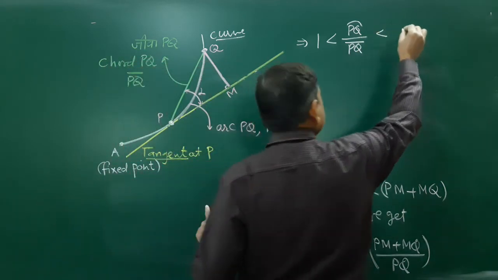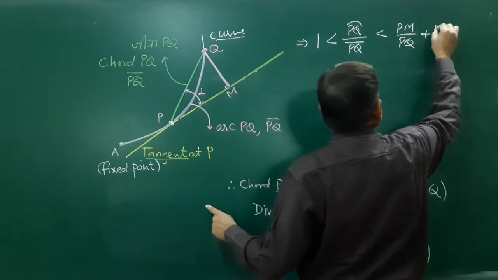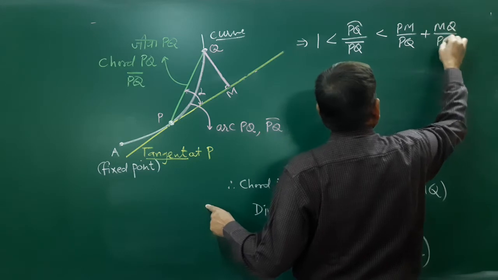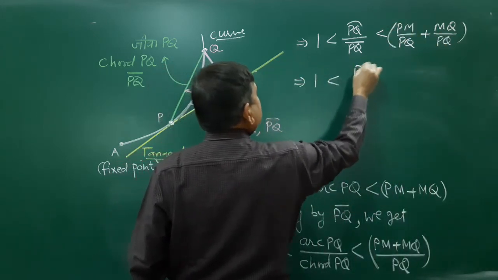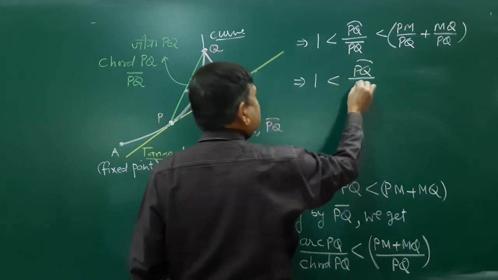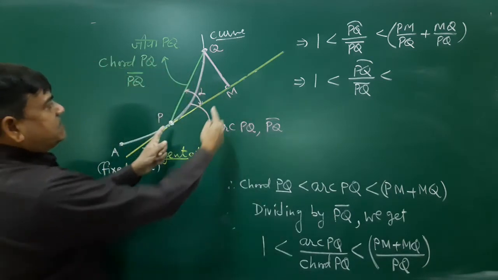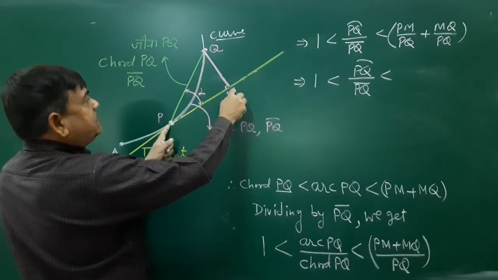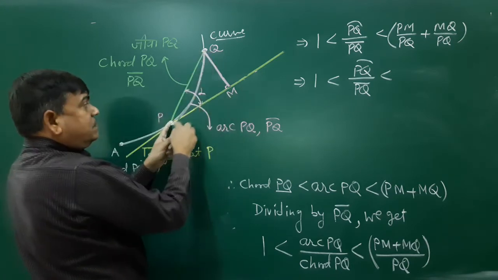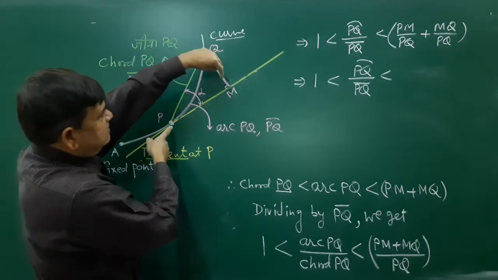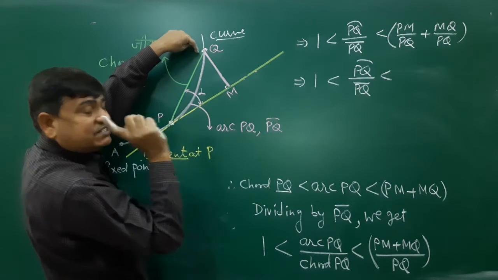This is less than PM upon PQ plus MQ upon PQ. 1 less than arc upon this chord less than PM. PM is this upon PQ, base upon hypotenuse. This is the base PM upon PQ. So it is base upon hypotenuse, that is cos.